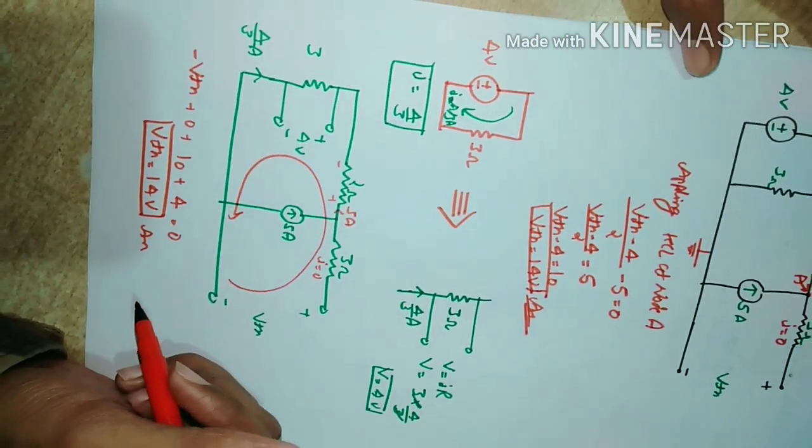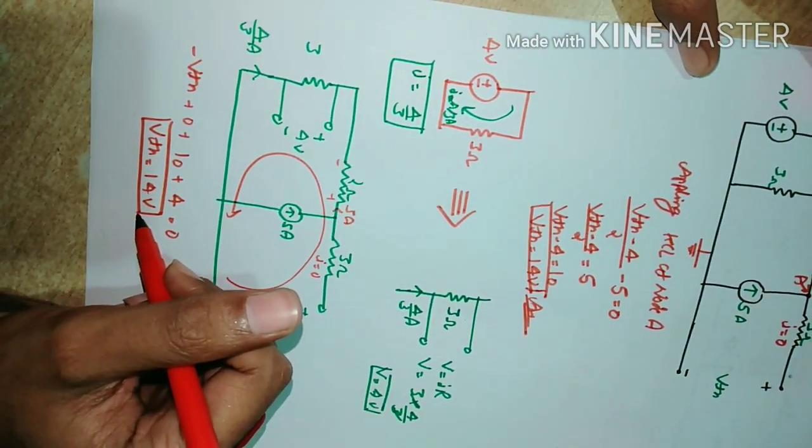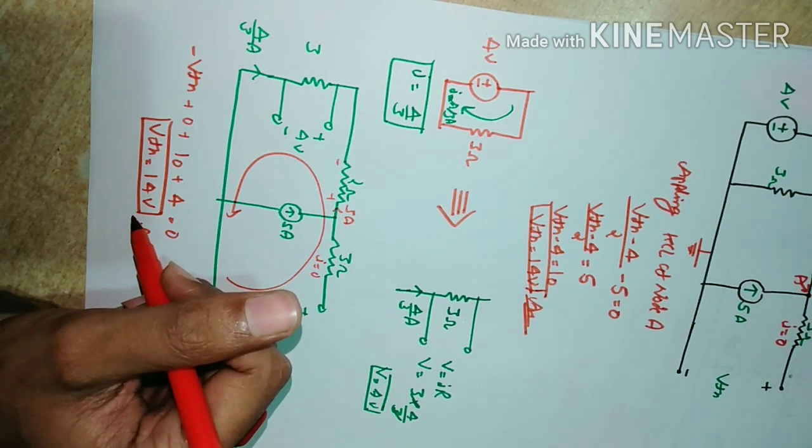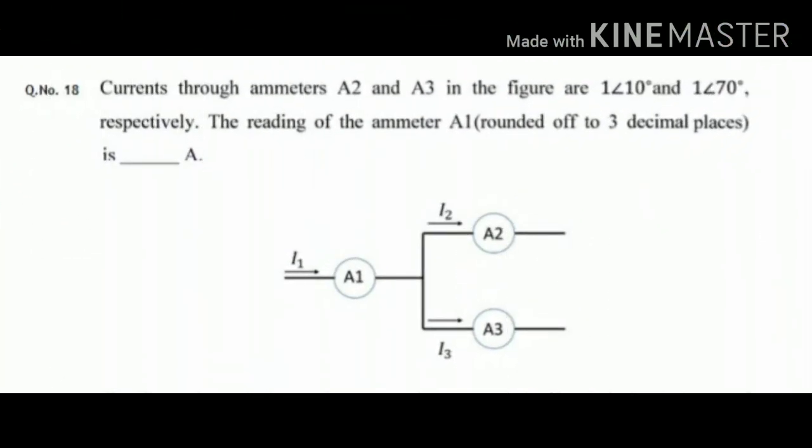Currents through ammeters A2 and A3 in the figure are 1 at an angle of 10 degrees and 1 at an angle of 70 degrees respectively. The reading of ammeter A1 is in ampere.